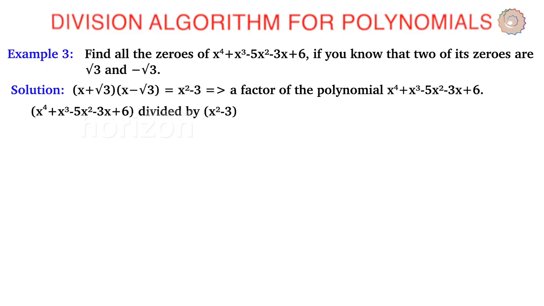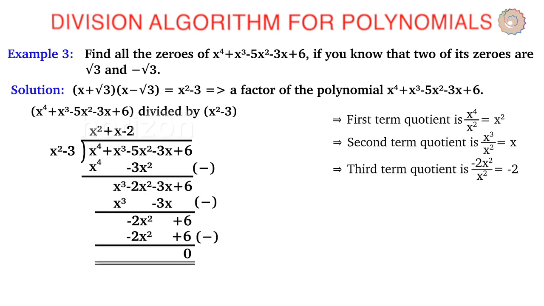Now divide this polynomial by x^2 - 3. So this is a division process of a polynomial with degree 4 by a quadratic polynomial. Here too we follow the same steps as we divided a cubic polynomial. After getting the 3 terms of the quotient, we get the remainder as 0, which is the end of the division process.